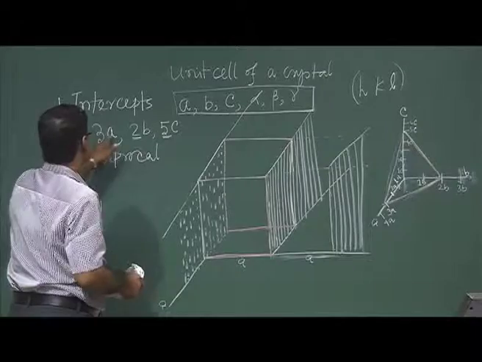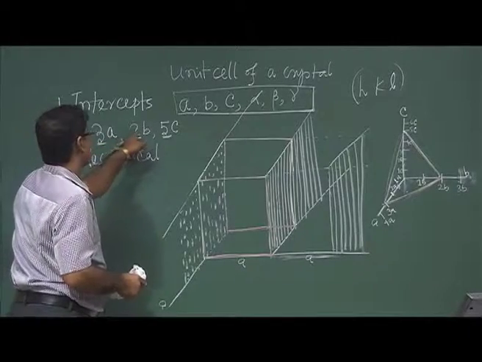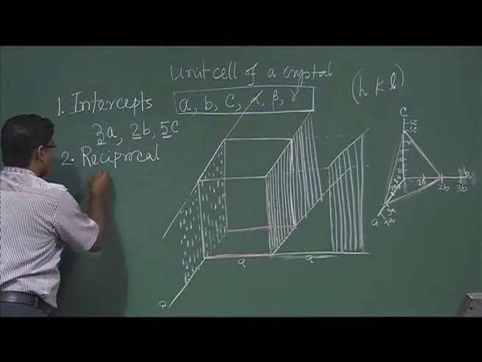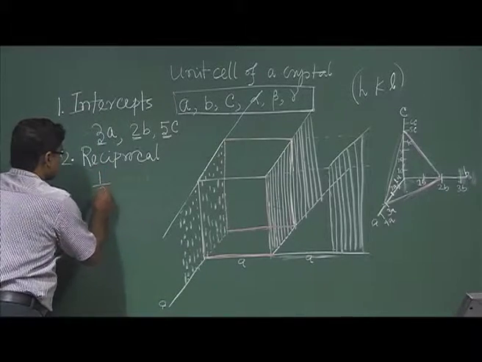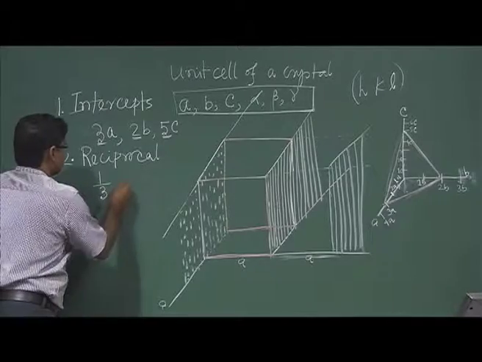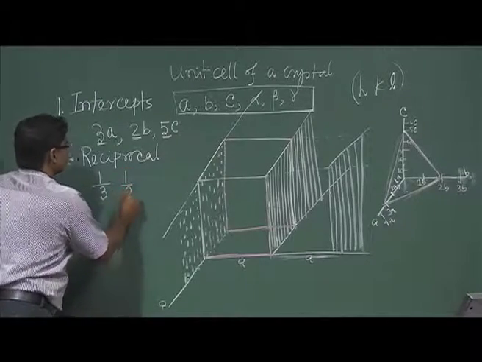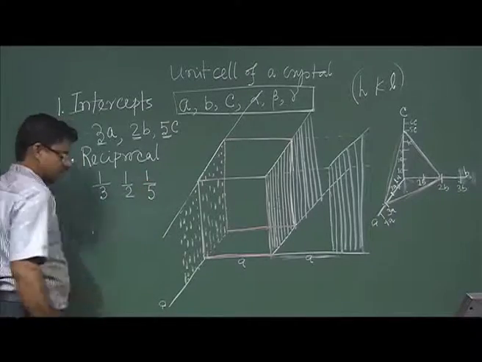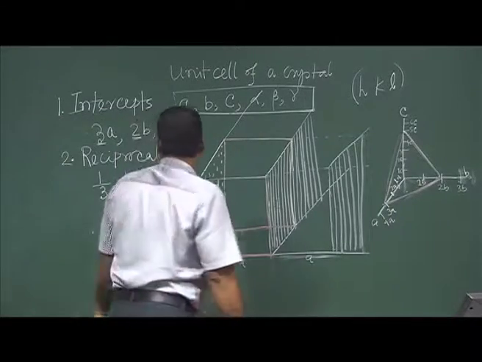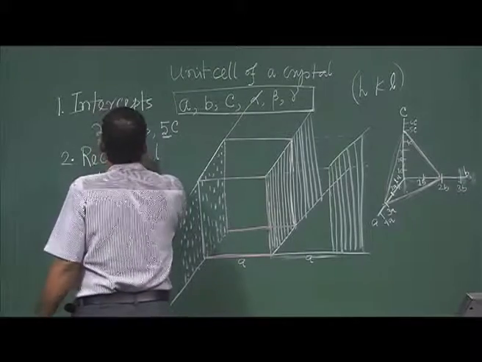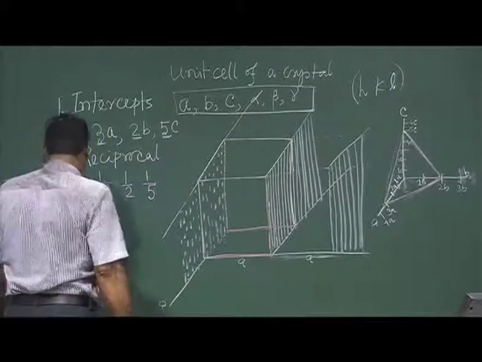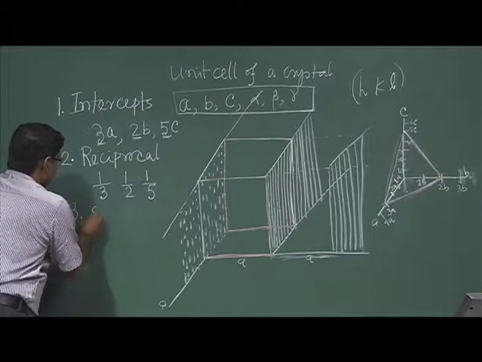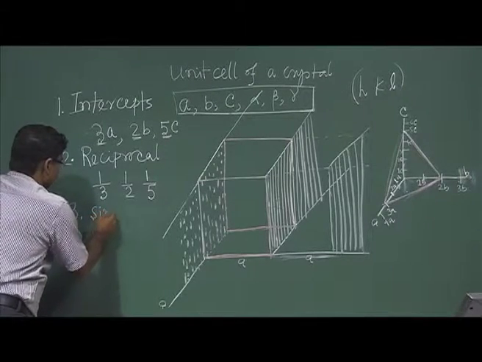So this is 3 times A, 2 times B, 5 times C, and we have to take the reciprocal of this. So this is the second step, the reciprocal of the coefficients, and the third step is simplification.